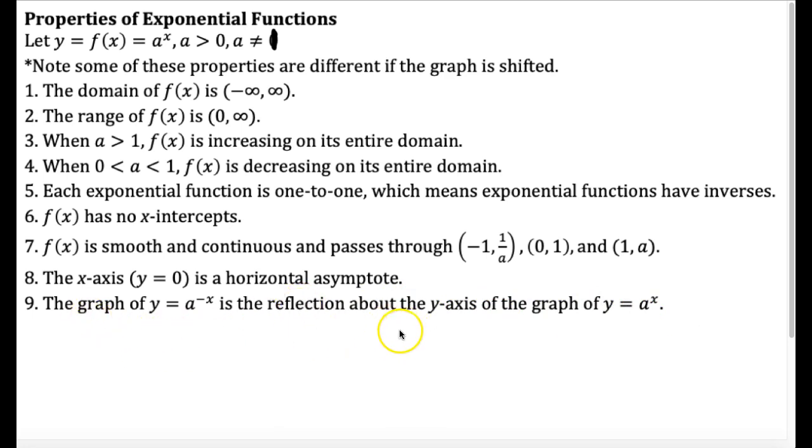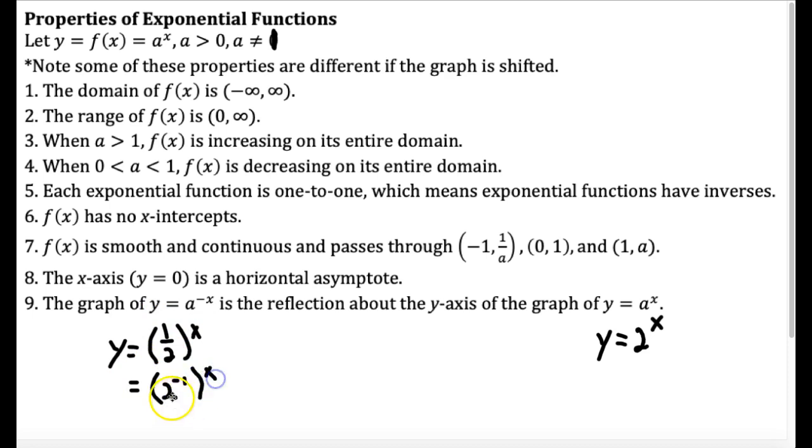This last statement is actually talking about the graphs that we just did. So the first one we graphed was y equals 2 to the x, right? The second one we graphed was y equals 1/2 to the x power. Well, another way of writing 1/2 would actually be 2 to the negative first power, right? 2 to the negative first is the same as 1/2.